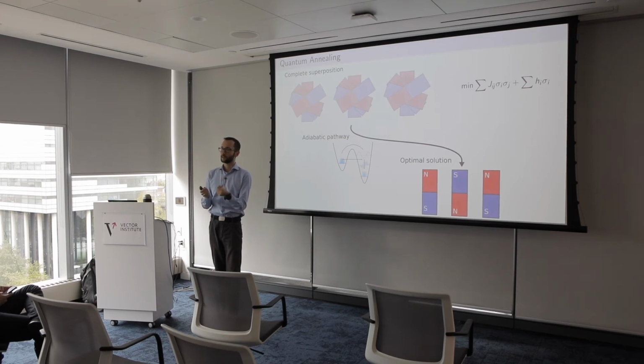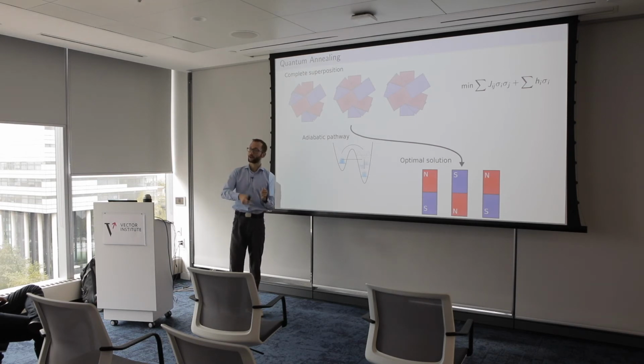And to calculate this speed limit is actually harder than solving your original problem, which is a major theoretical obstacle to quantum annealing. So what you actually do is that you anneal 1,000 times, and then you pick the configuration with the lowest energy as your global optimum. But you don't really know whether it's the global optimum.